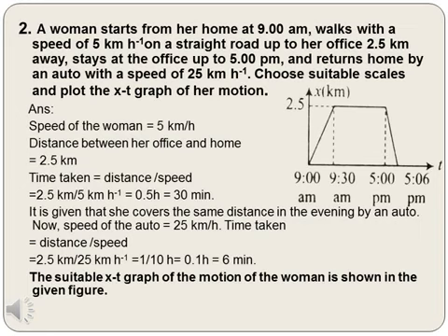It is given that she covers the same distance in the evening, which is 2.5 km. Speed of the auto is 25 km per hour. The time taken is equal to distance divided by speed, which is equal to 2.5 km divided by 25 km per hour, which is equal to 6 minutes. The suitable ST graph of the motion of the woman is shown in the given figure.